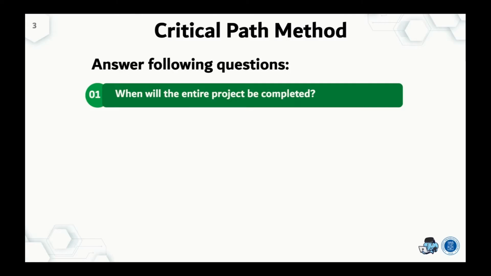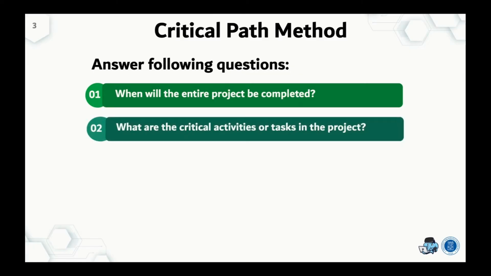The critical path method answers the following questions. The first question is: when will the entire project be completed? At which date? What are the critical activities or tasks in the project?